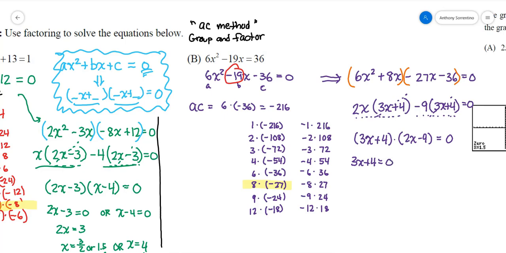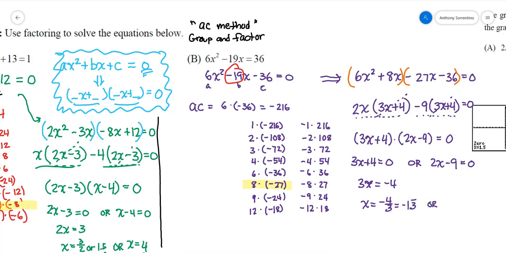would have to equal 0, or 2x minus 9 would have to equal 0. And so if I go through and solve both of these, subtracting 4 from both sides of the first equation, dividing both sides by 3, I can write that as negative 4/3, which is the same thing as negative 1.3 repeating.